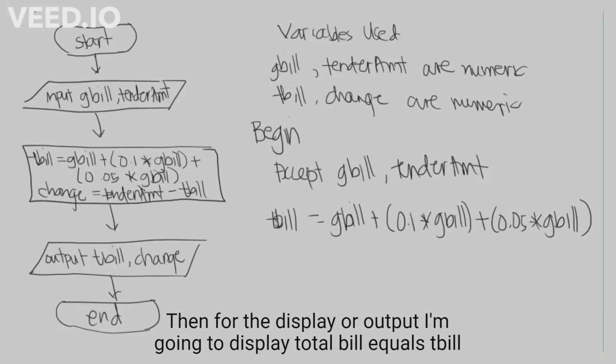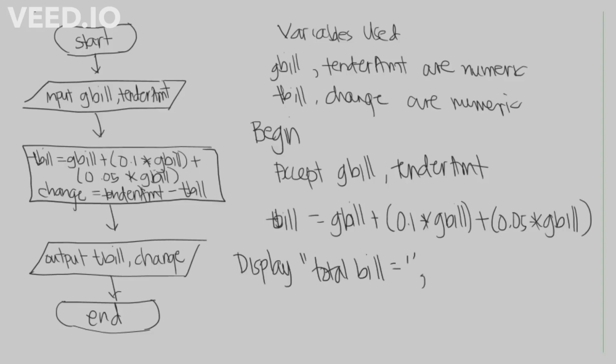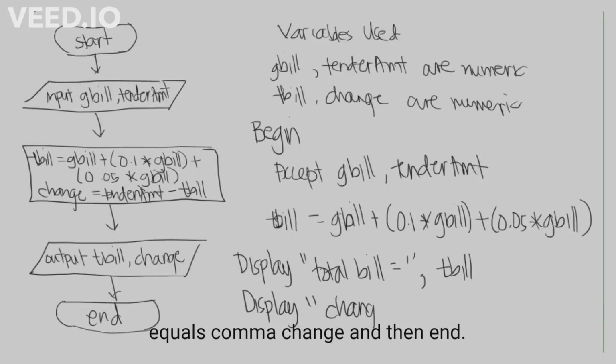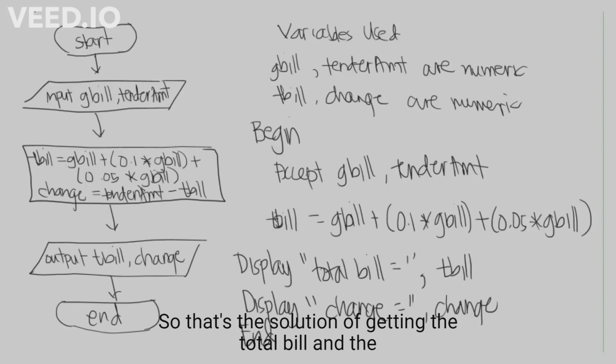Then for the display or output, I'm going to display total bill equals comma T bill, display change equals comma change, and then end. So that's the solution of getting the total bill and the change.